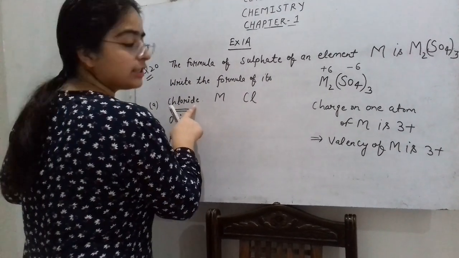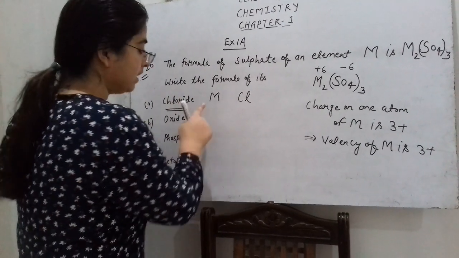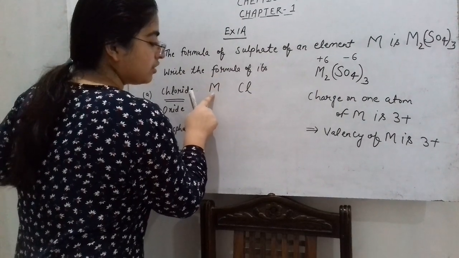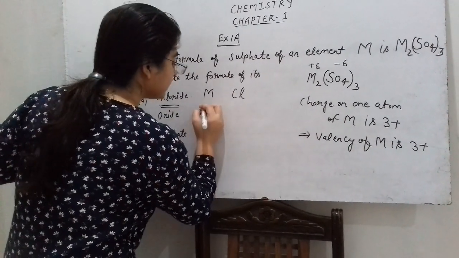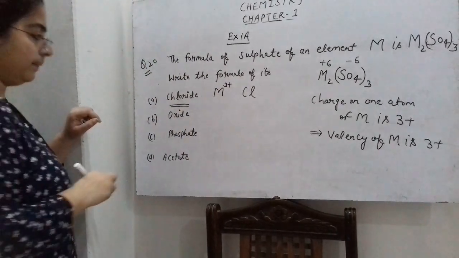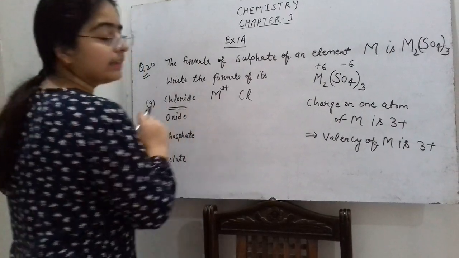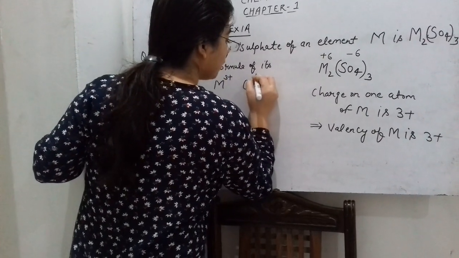Now here the radical is chloride. We have to find the formula of the chloride of element M. Now the charge on the element M is plus 3, and the charge of chloride radical is minus 1.